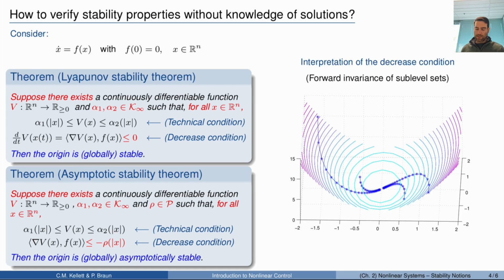Okay, and the interpretation was already given before, but it is essentially this energy interpretation of a Lyapunov function, showing that we have a global minimum at the equilibrium, and then along trajectories the function V, or the energy, is decreasing, meaning that sublevel sets are forward invariant, and if we always have a decrease, not just less or equal to 0, then we will converge to 0, giving us asymptotic stability.